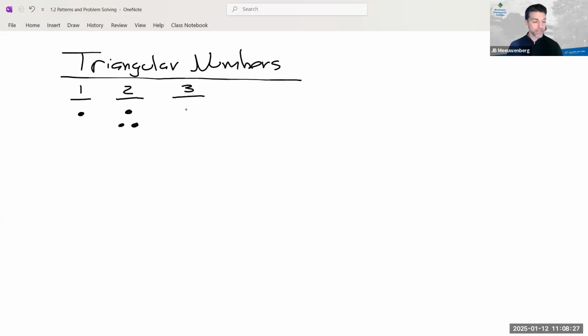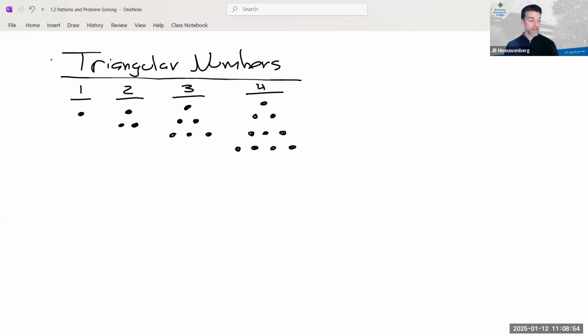Our third is 6 dots. Do you notice a pattern? Fourth is, maybe you can guess, maybe you can start to see the pattern and make a prediction. Did it have 10 dots?